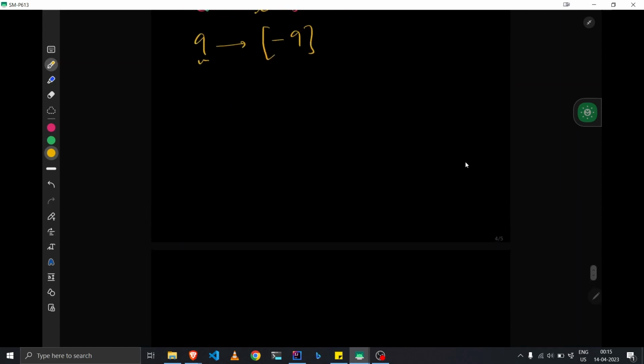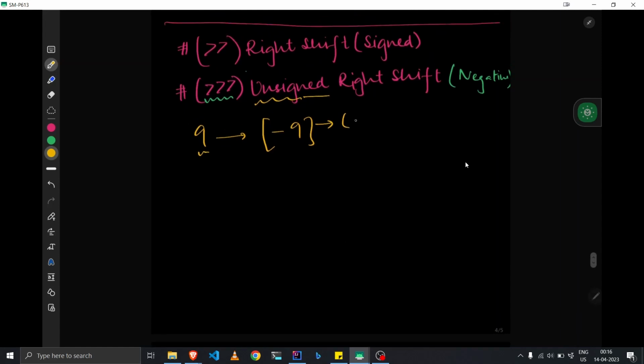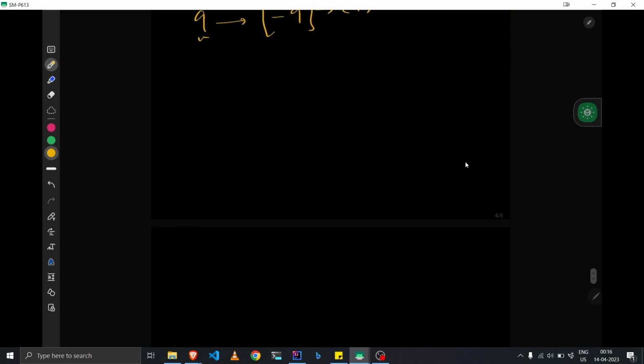So to represent negative 9, as I discussed above, for a negative number we set the leading bit, that is the parity bit, or you might say the sign bit, to 1. So basically we'll be having a 1 at the start.